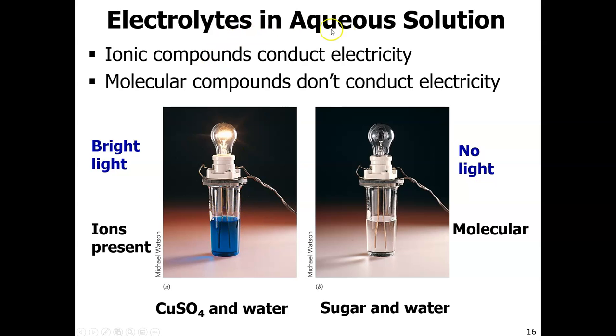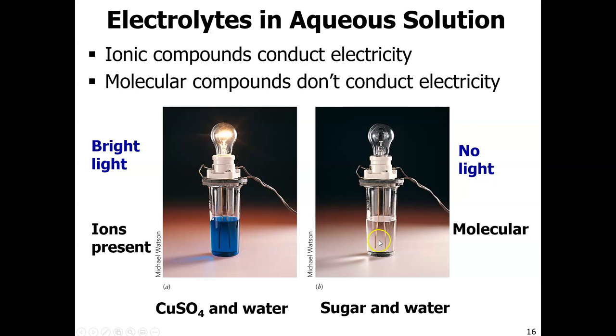An electrolyte is something that falls apart into full ions, and it allows electrons to flow through that solution. You can see copper sulfate is that blue solution. The copper sulfate is turning this water blue, and when we run an electric current through there and attach that to a light bulb, we can actually get current flow through those electrodes.